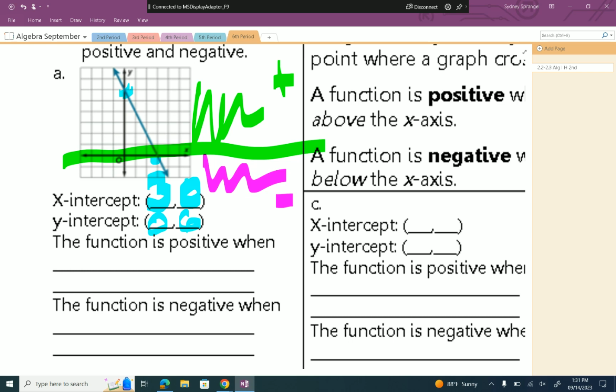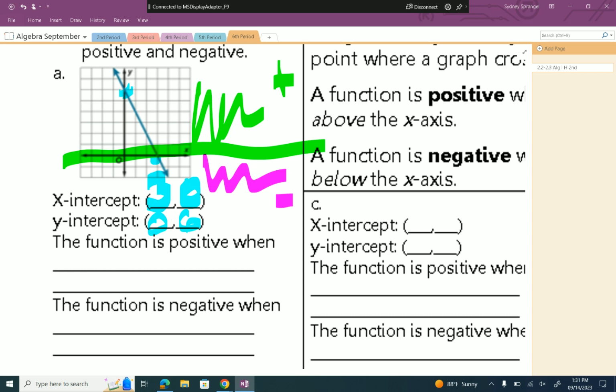So when I am bigger than 3, I'm going to be positive. Or sorry, no, I'm going to be negative, right? So when I'm x equals 4, x equals 5, x equals 6, I'm down here. My line keeps going down. But when I'm smaller than 3, I keep going up. So 2, 1, 0, I keep increasing. I'm above the x-axis.